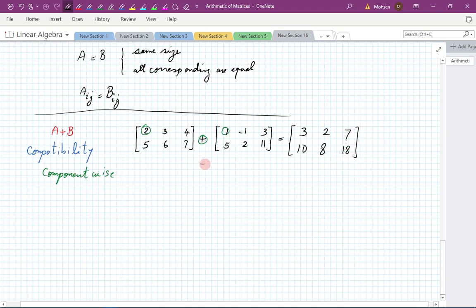Okay, so if I have subtraction, it will be the same issue. And if I had a linear combination, let's do an example of a linear combination. So I leave the subtraction to you. 5, 6, 7, and say I have adding 3 times 1, minus 1, 3, 5, 2, 11.